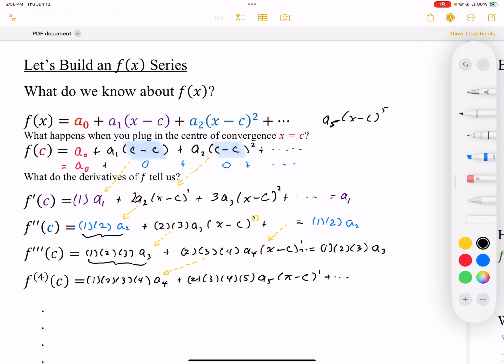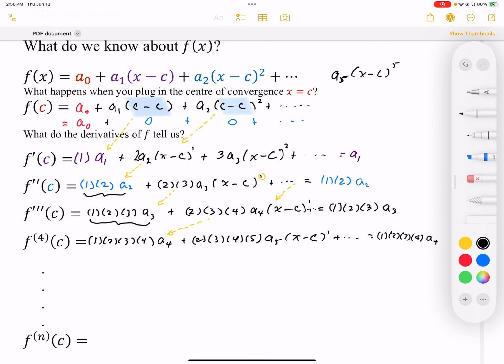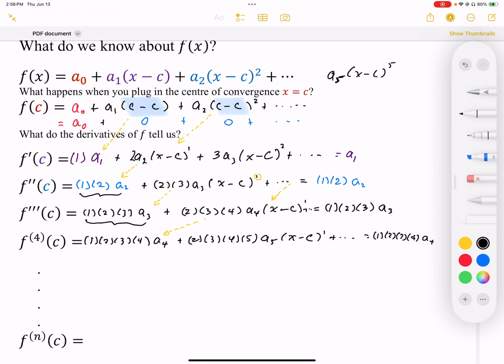Okay, but if we evaluate at the center c, again, you can see all those c terms disappear, because all those x minus c's become 0, so we're left with 1 times 2 times 3 times 4 times a4. So now, using the fourth derivative, we will be able to calculate the coefficient a4.